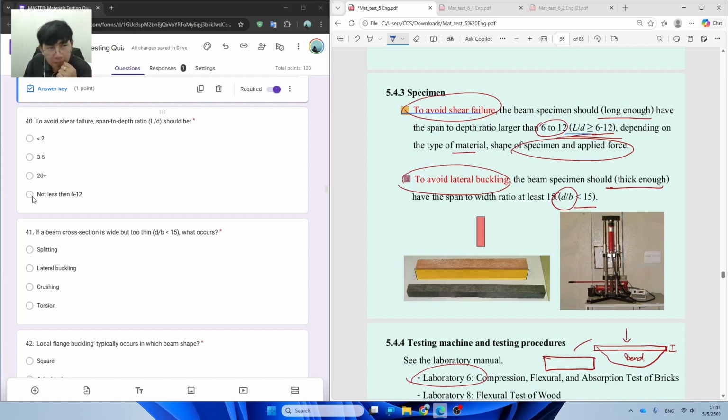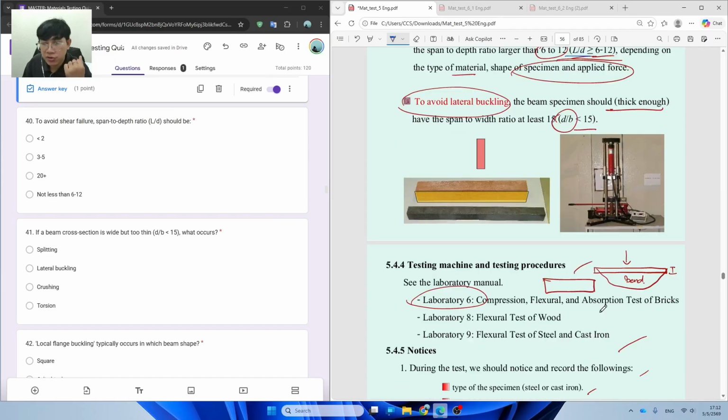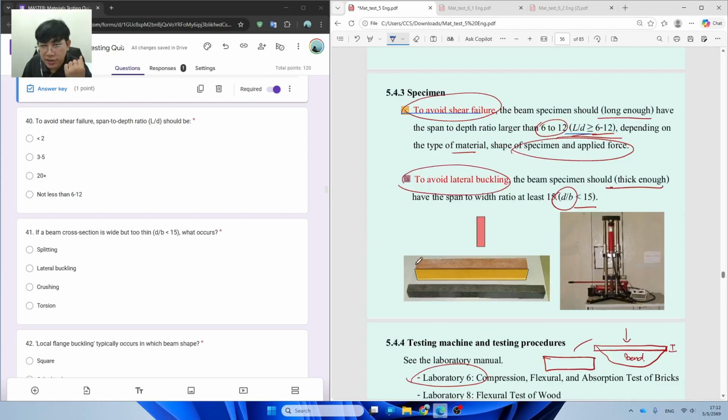If it is smaller than 6 to 12, it's going to create a shear failure at the neutral axis. If you observe it in the lab, we have one that is really long and another one that is really short. The long one is this one, because we would like to avoid the shear failures, but the shorter one we test to see the behavior of the shear failures.